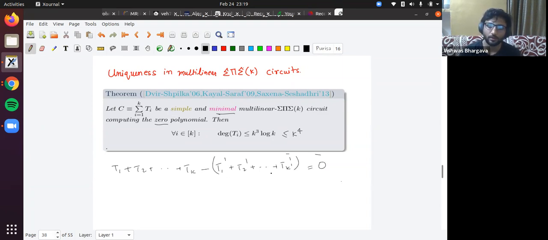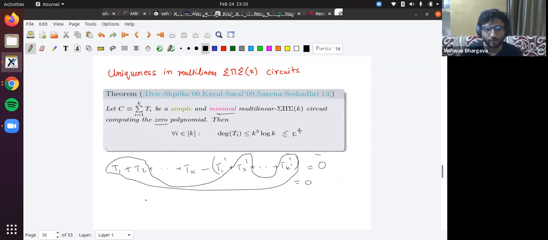Now if I look at the minimal component, it could be the whole thing, but there can be, let's say, T1, T2 minus T2 prime minus Tk prime, which is also 0. So let me look at the minimal component, minus T1 prime minus Tk prime, equal to 0.